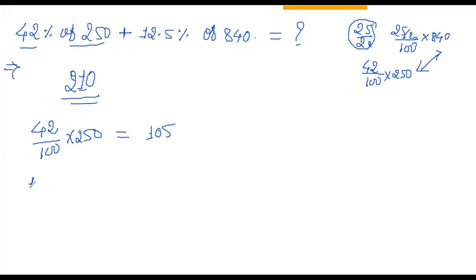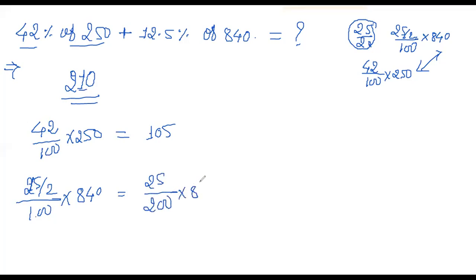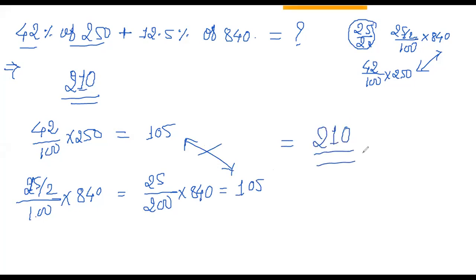Then 12.5% means 25 by 2 divided by 100 into 840, which means 25 by 200 into 840. It is also 105. So 105 plus 105 is equal to 210. Okay. Then next.